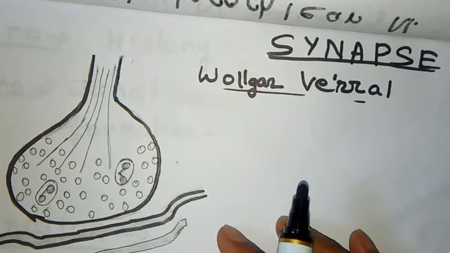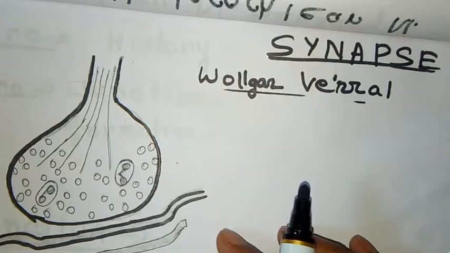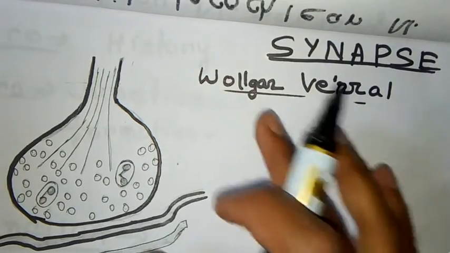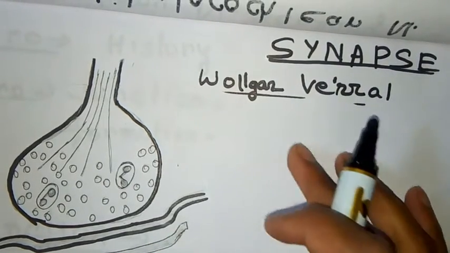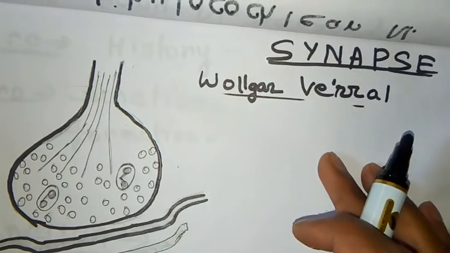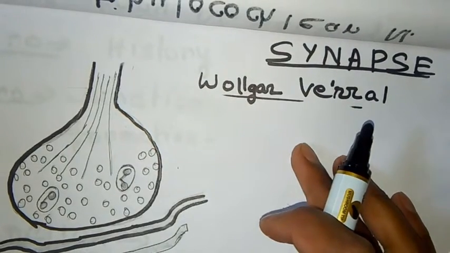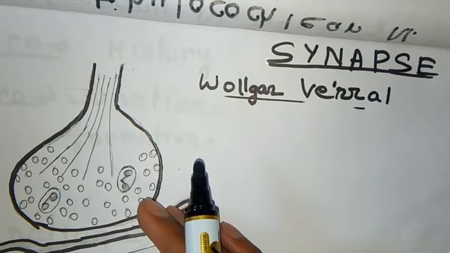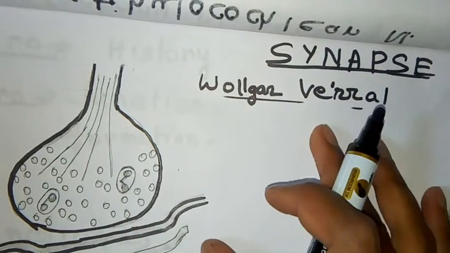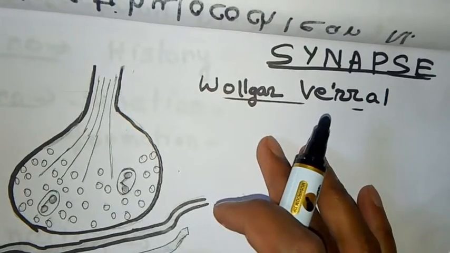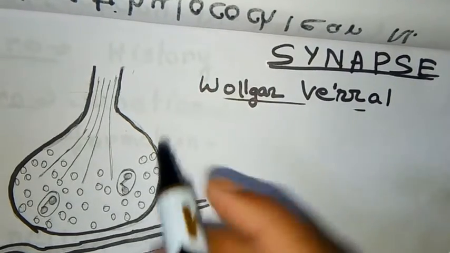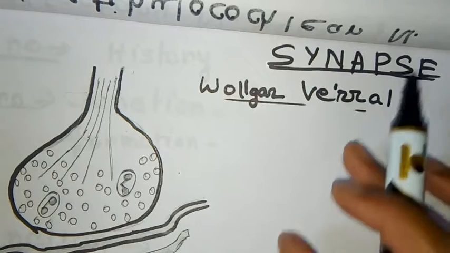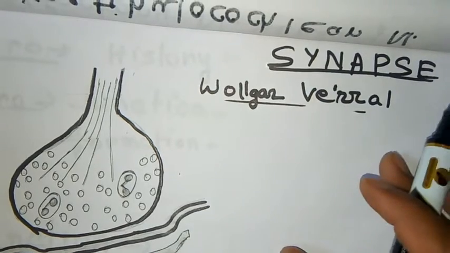Anatomically, the presynaptic neuron is the neuron before the synapse, and this neuron is delivering the message across the synapse to the postsynaptic neuron. The postsynaptic neuron is the receiver of the neurotransmitter message.